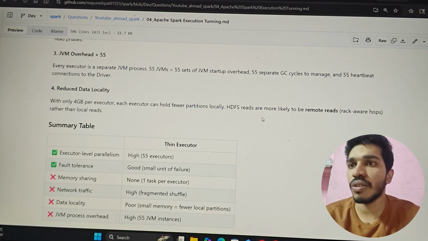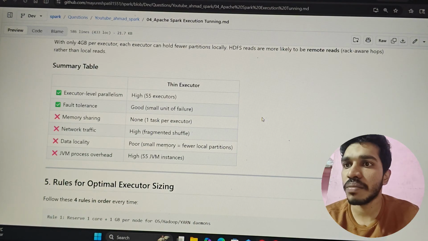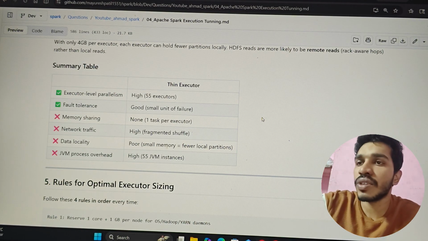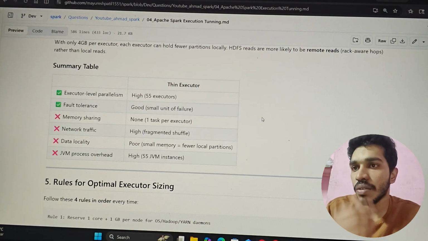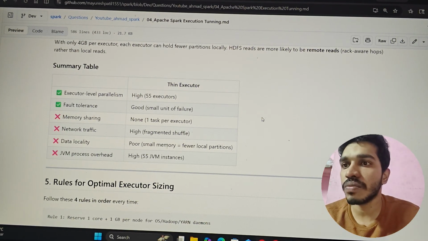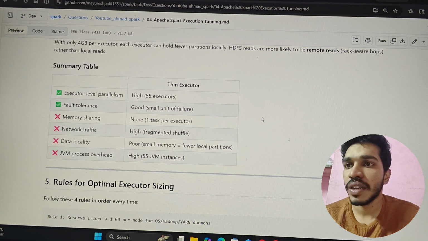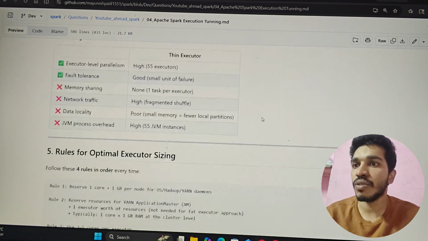Next is reduced data locality. In summary, thin executors are good for executor-level parallelism and fault tolerance, but they do not allow memory sharing, are bad for network with high traffic, have poor data locality, and have high JVM process overhead.